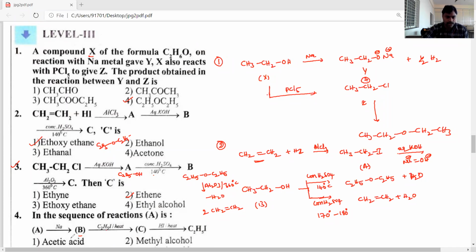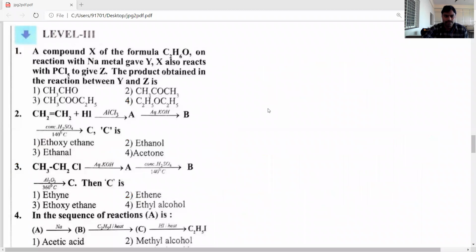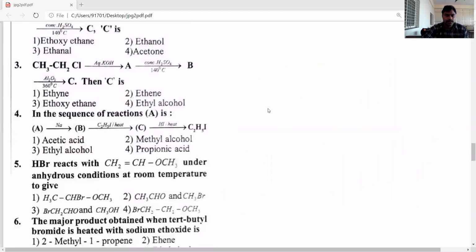So A is alcohol, ethyl alcohol, CH3CH2OH. It reacts with sodium metal, forms C2H5ONa, sodium ethoxide.